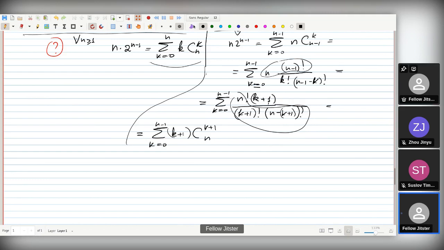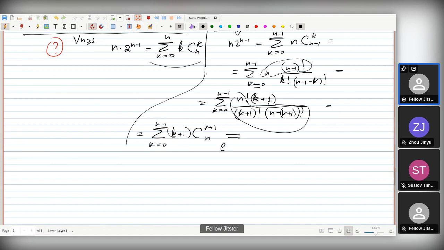As we have the k plus 1 in there, we can substitute k prime for k plus 1. Let us rename the variable.